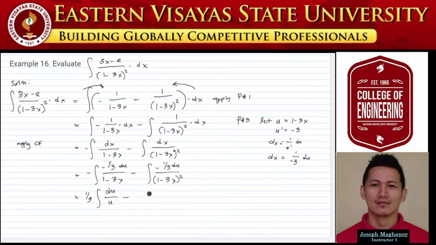Okay, correction factor negative 1/3 of your u, replace it with your u squared. So first thing, we can apply here our formula number 3, our LF. And the other side naman, we can apply our power formula, PF.